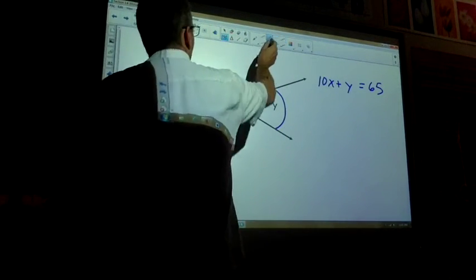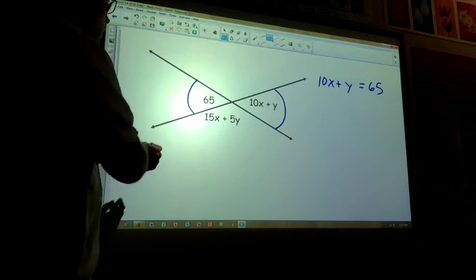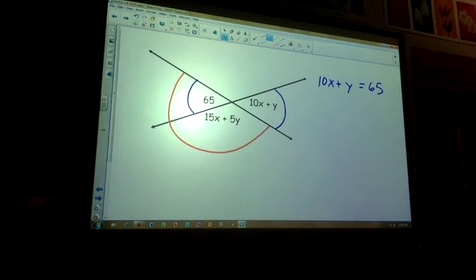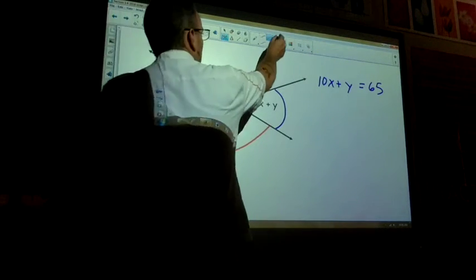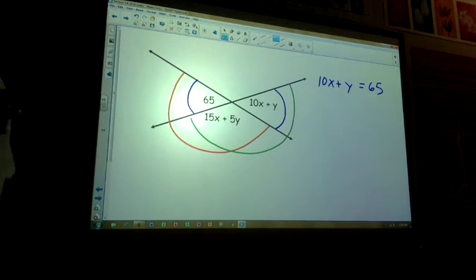Then I could do a number of things. I could pick this, and that would have to equal what? 180. Or could I pick this and this? And if I did that, what would it have to equal? 180. What's the better one to do? It's your choice.